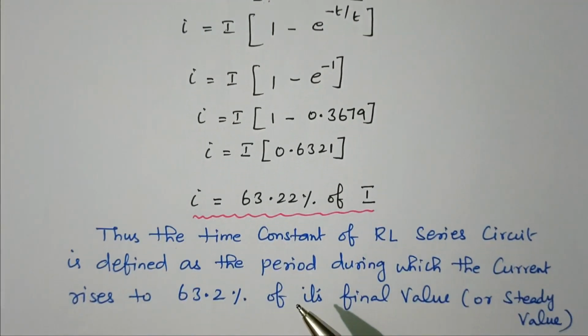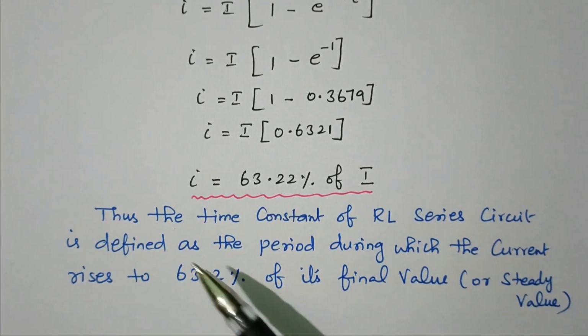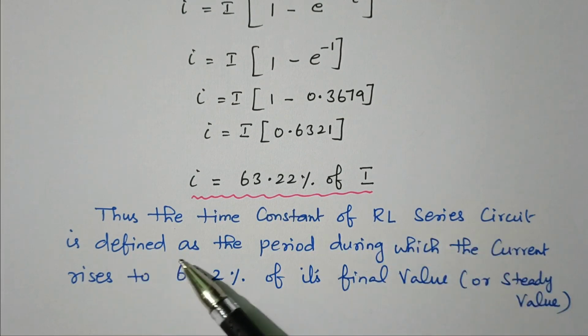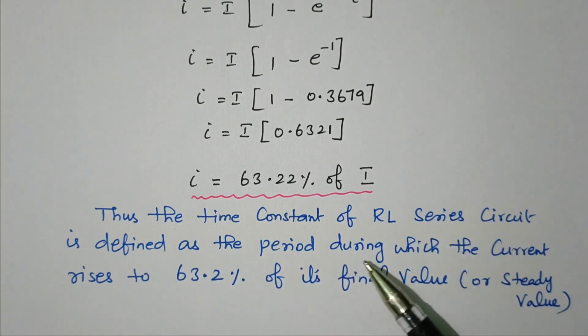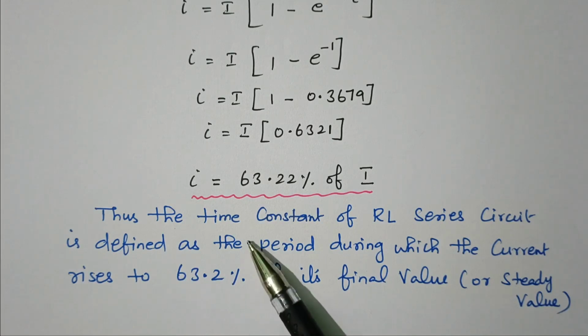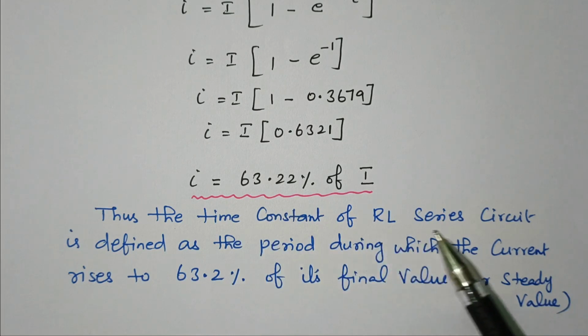So from this we can conclude that the time constant of RL series circuit is defined as the period during which the current rises to 63.2 percentage of its final value or steady value. Right. So this is the time constant. The time taken to reach 63.2 percentage of current is nothing but the time constant of the RL series circuit.